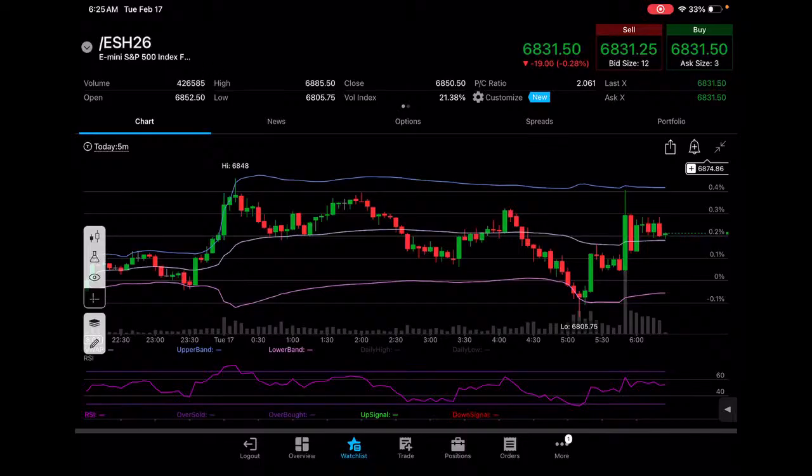So anyway, what we are getting ready to do is our pre-market analysis. I'm actually going to wait until the market opens and get a better roadmap, the smart money roadmap that I've been referring to.